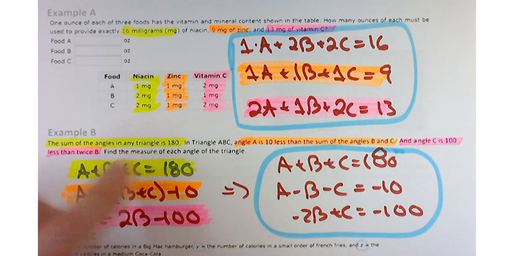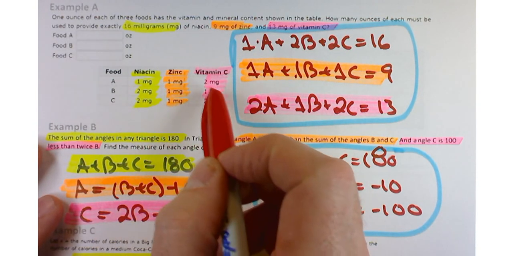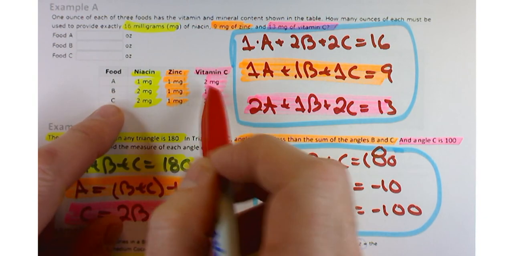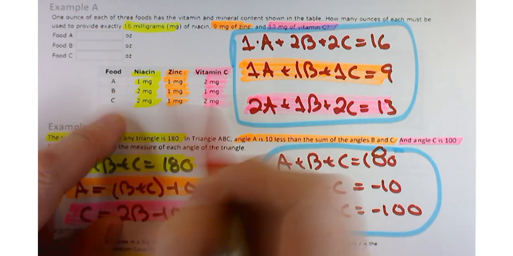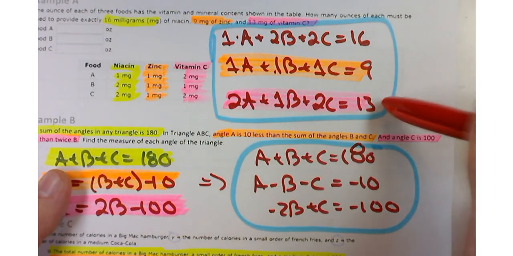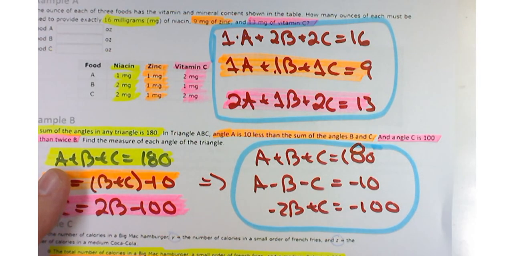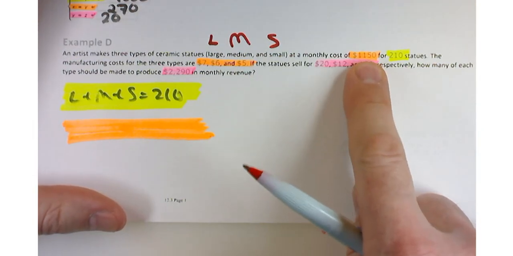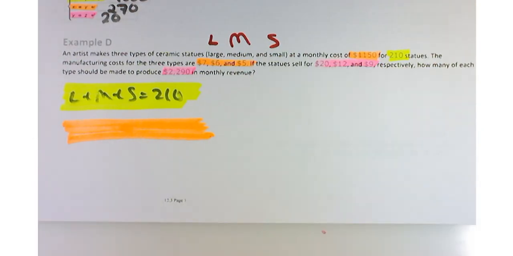We wanted to figure out how much vitamin C we had. It was 2 milligrams from food A, 2A plus 1B plus 2C. You had to multiply, and then we added all those up, and that gave you 13 milligrams of vitamin C. We're going to have to do similar to figure out what our monthly cost is.